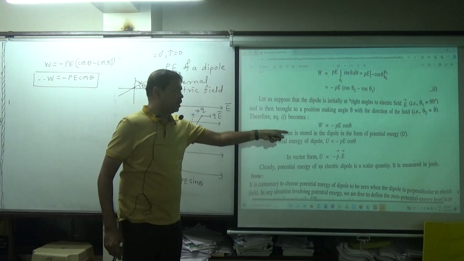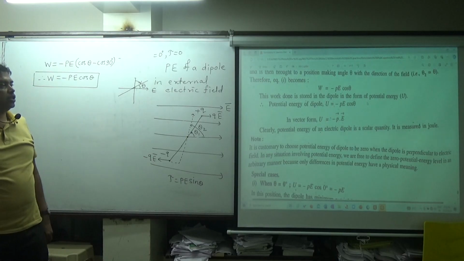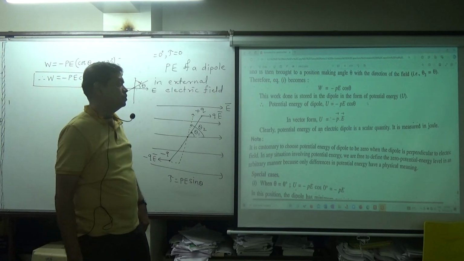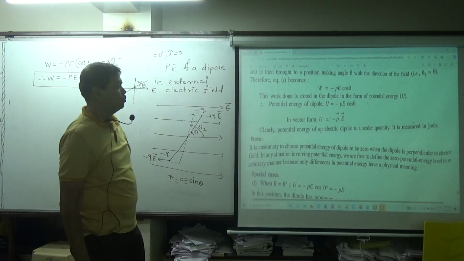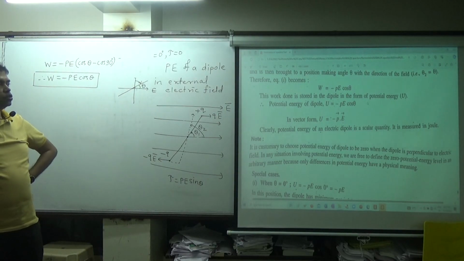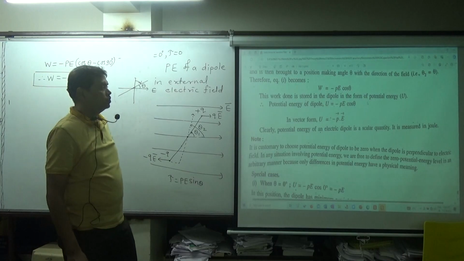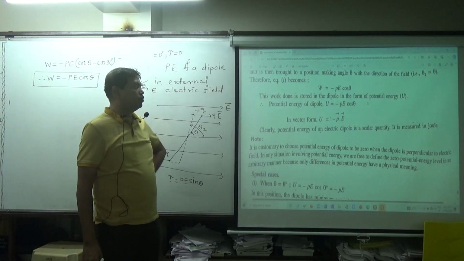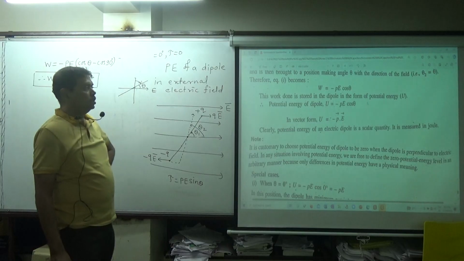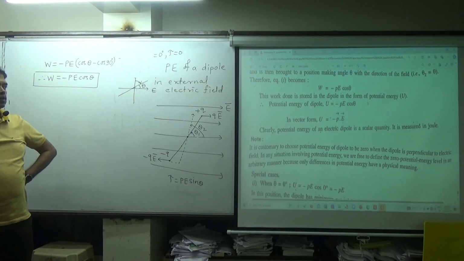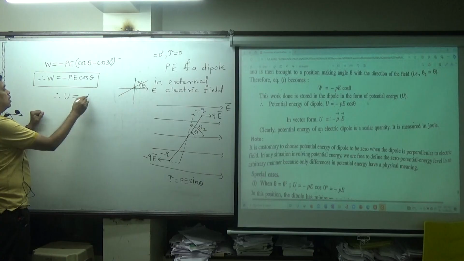Okay, this work done is stored, लिखते जाओ, this work done is stored in the dipole in the form of potential energy U. Therefore, potential energy of the dipole is given by minus P cos theta.